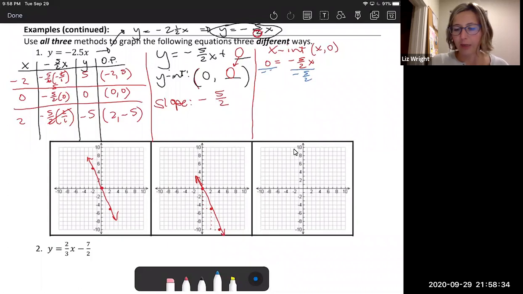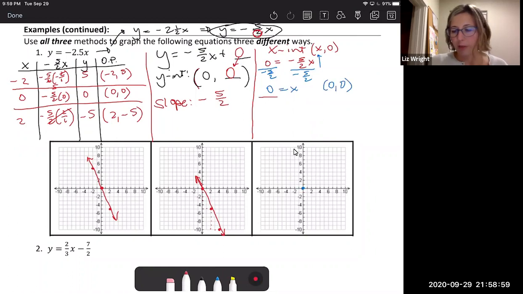I've got 0 over some number, and 0 over any number is going to end up being 0, right? Or you could also multiply -2/5 by 0, and guess what? It's still 0. So 0 equals x. That means this x here is going to be 0, and I am getting 0, 0 for my x-intercept.